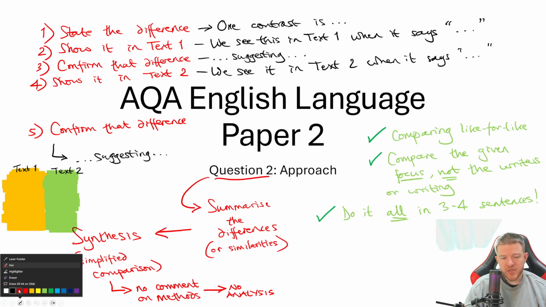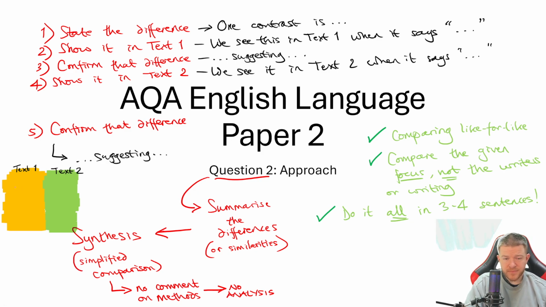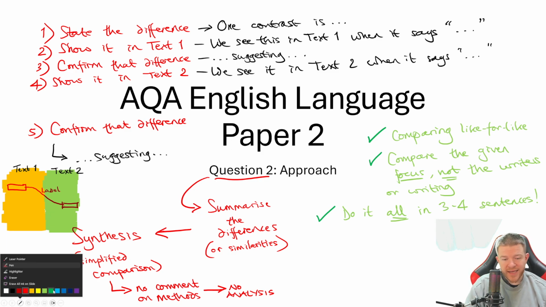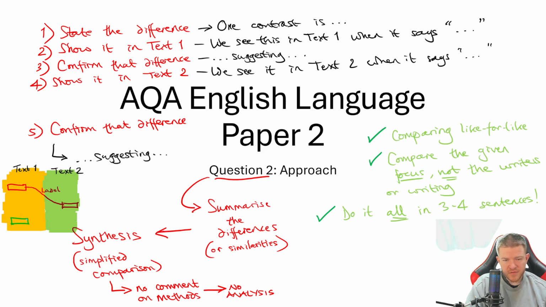All you're going to be doing is finding your differences. You're going to find them in the text, draw a line between them, and label what the difference is that you have found. Then you're going to do that again, find another striking difference, and label it.